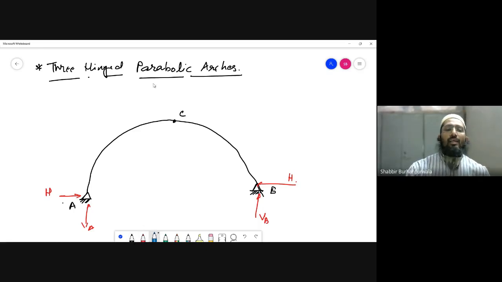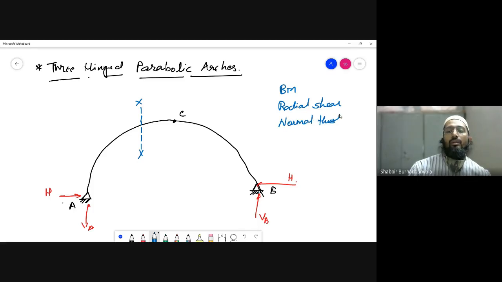Now suppose I consider a section over here. Okay, suppose this is section XX. So at this section, I want to determine the bending moment, I want to determine the radial shear, and I want to determine normal thrust. Okay, these are three things which can act.